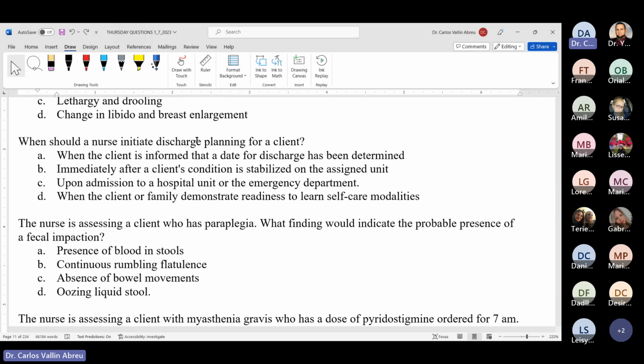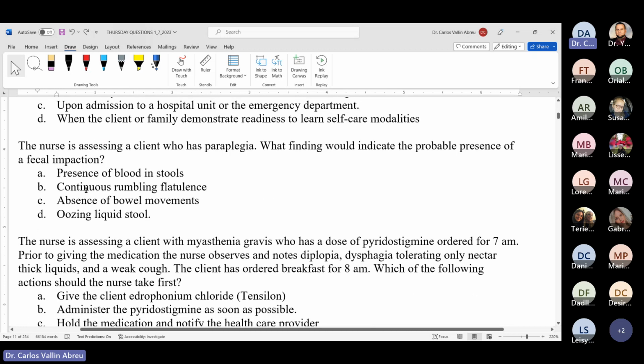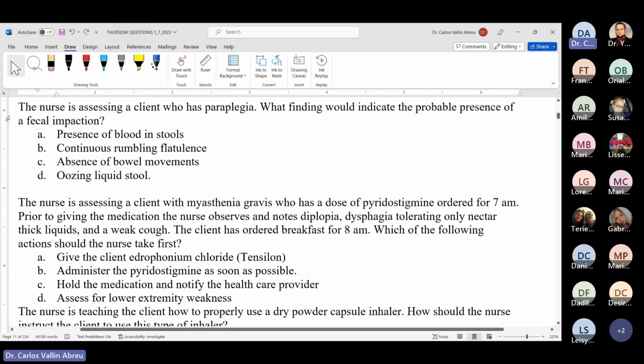Don't become paranoid. It's just exploring basic knowledge. They explore basic knowledge, but they also explore advanced knowledge and applications and deductions and analysis, etc. But sometimes they just explore if you can regurgitate knowledge that is well established in any nursing career.